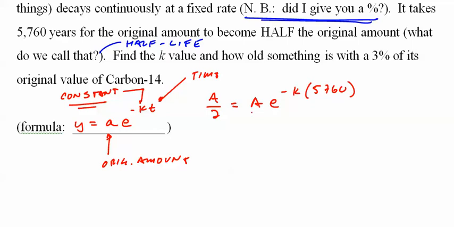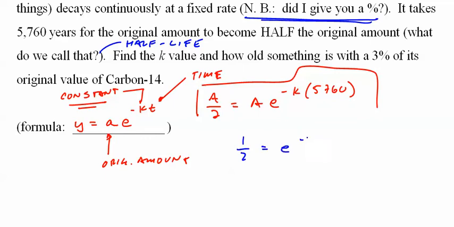If I divide both sides by A, I end up with 1/2. So 1/2 equals e to the negative k times 5760. Natural log of both sides. I can bring the negative k out front.